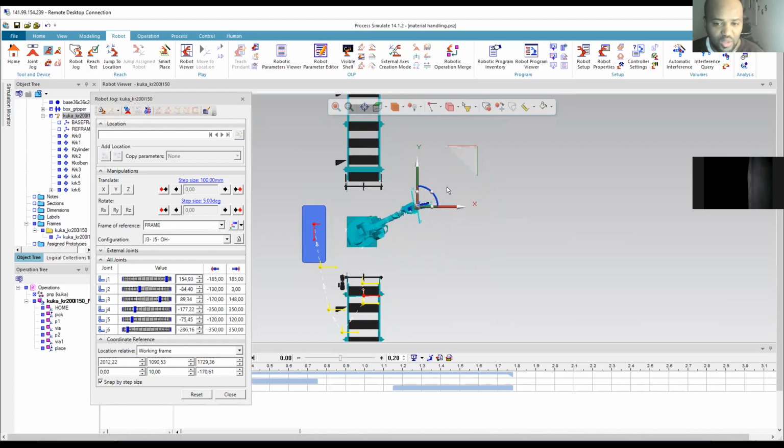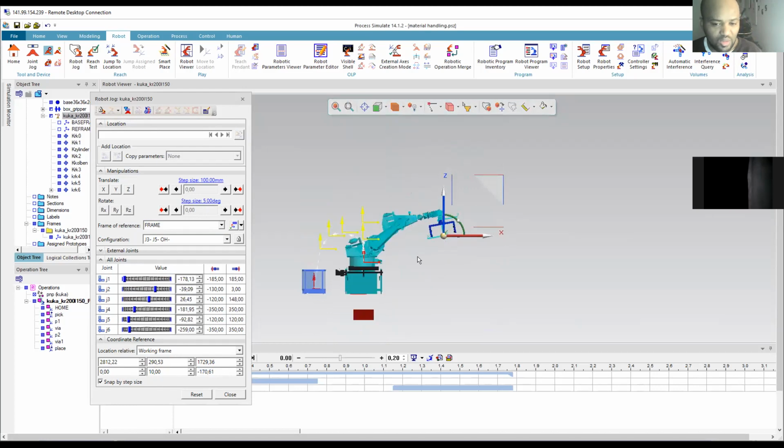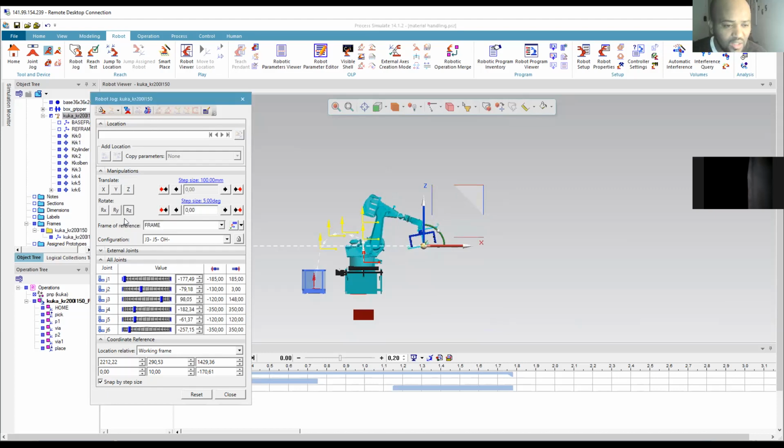Then actually no, maybe let us focus only on rotation, because let us do it step by step. Okay, so now let's say this is here. Now we rotate only about the z axis. We rotate about the z axis, this guy.